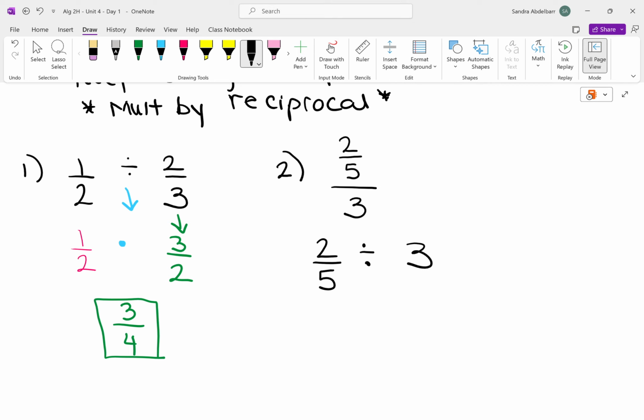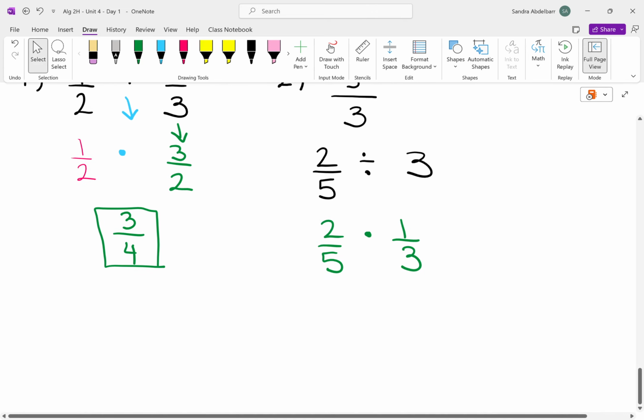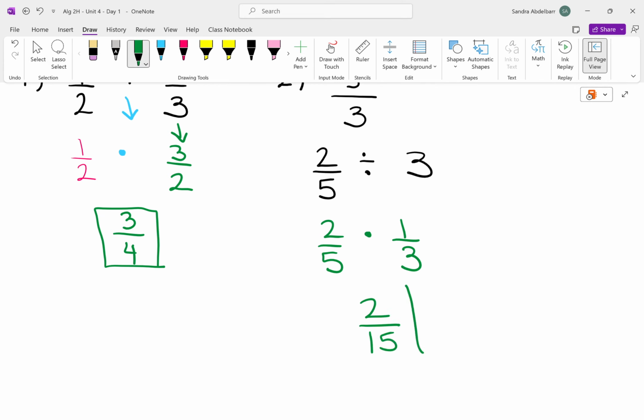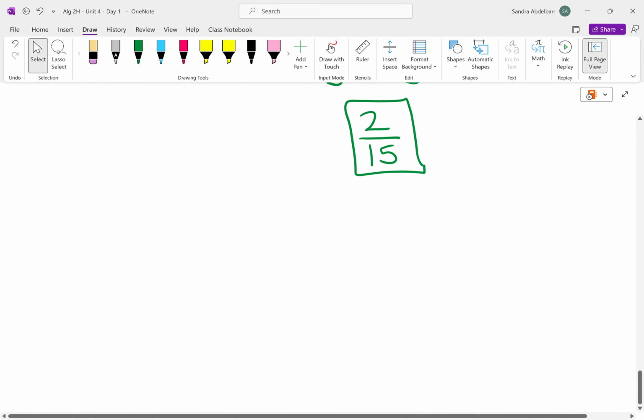Yeah, so this is 2/5 divided, right? 2/5 fraction bar 3. So this is 2/5 divided by 3. But what are we going to do? We're going to change this into 2/5 times what? 1/3. I cannot simplify anything, so we just multiply across. 2 times 1 is 2. 5 times 3 is 15. Okay, you guys try this one.